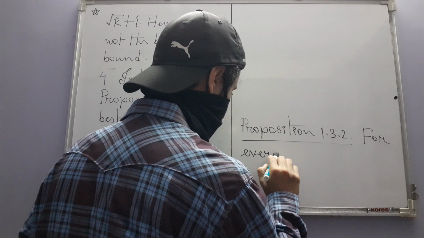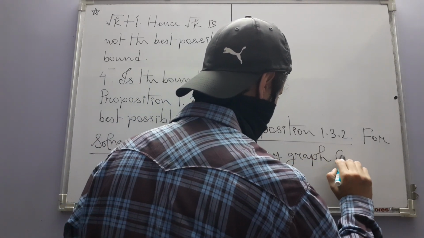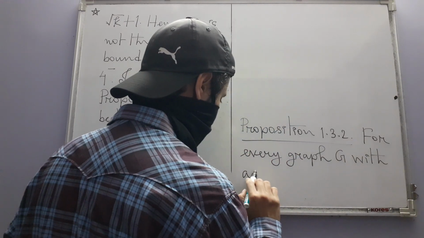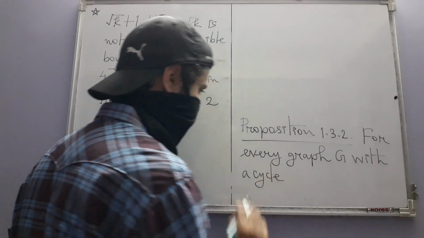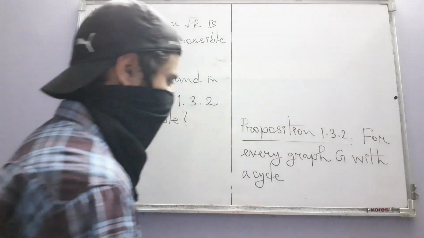For every graph G with a cycle, that means there is at least one cycle in the graph. It's not an acyclic graph, it's not a forest.